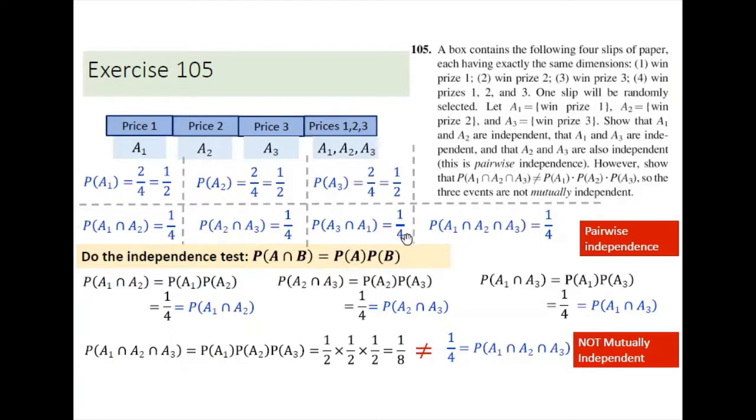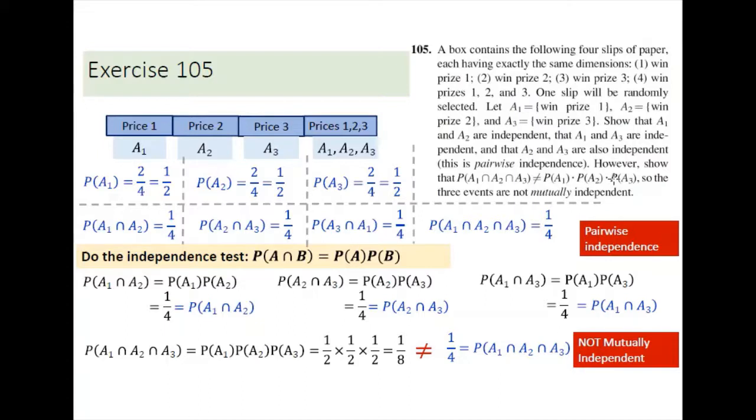So again the probability is 1 divided by 4. You can see that the probability of A2 intersection A3 is the product of the probabilities of A2 and A3, so they are independent, and also for A1 and A3.